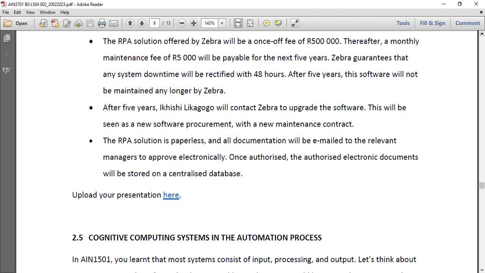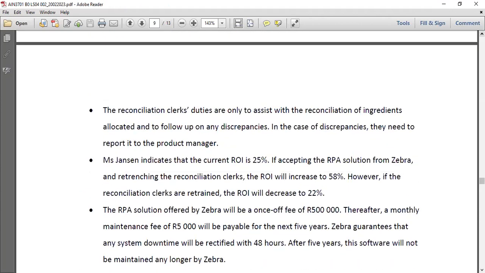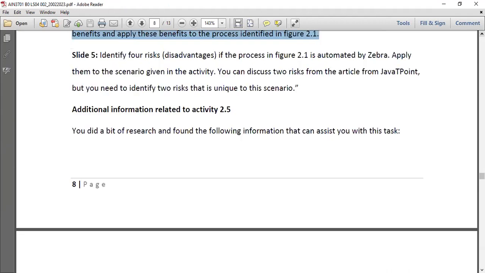They said, the last one, identify 4 risks if the process in figure 2.1 is automated by Zebra, apply them to the scenario in the given activity.